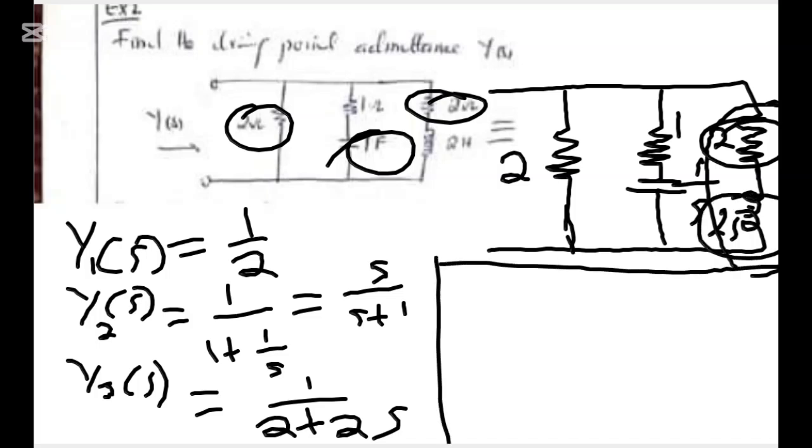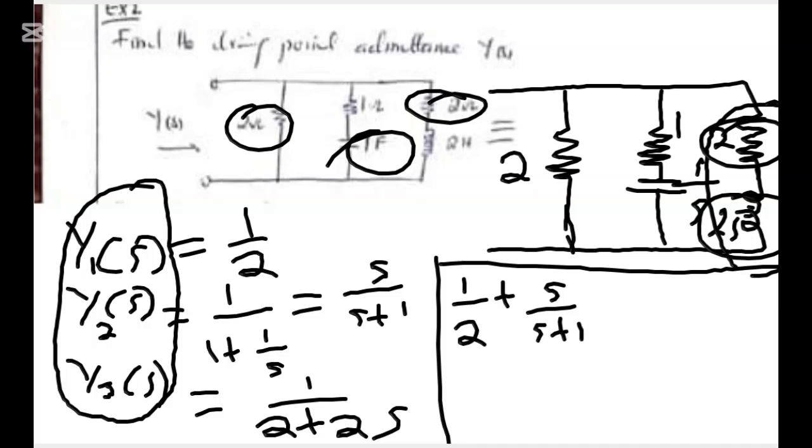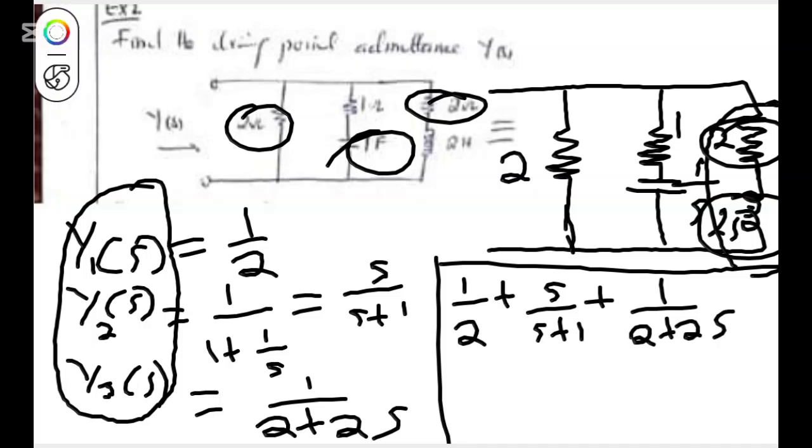So the next thing that I'm going to do, I have to first find the total of y1, y2, y3. So don't forget, I have 1 over 2 plus s divided by s plus 1, and also plus 1 over 2 plus 2s.